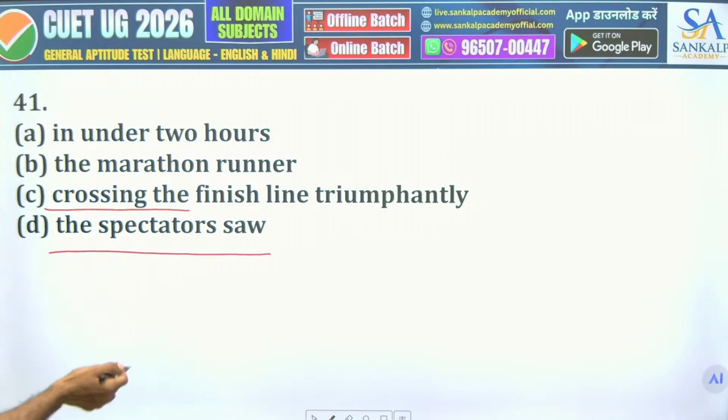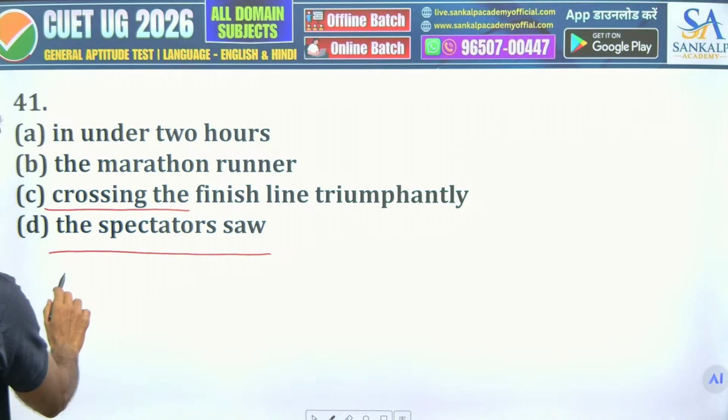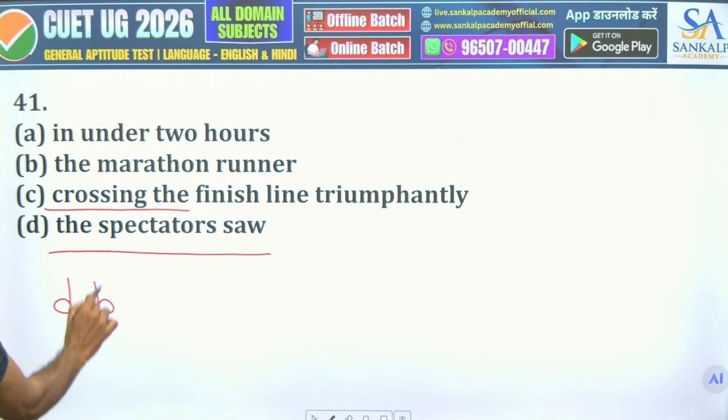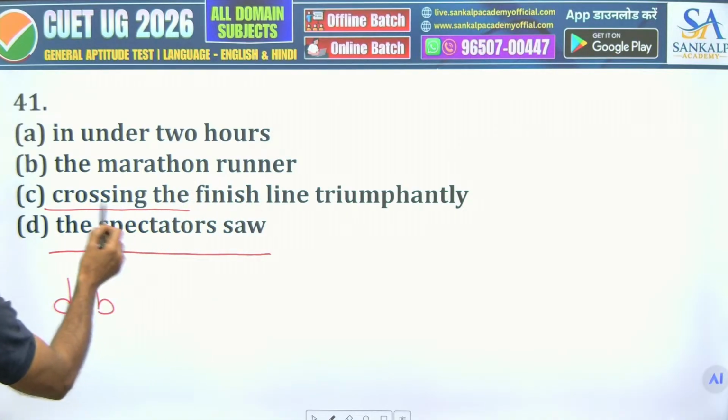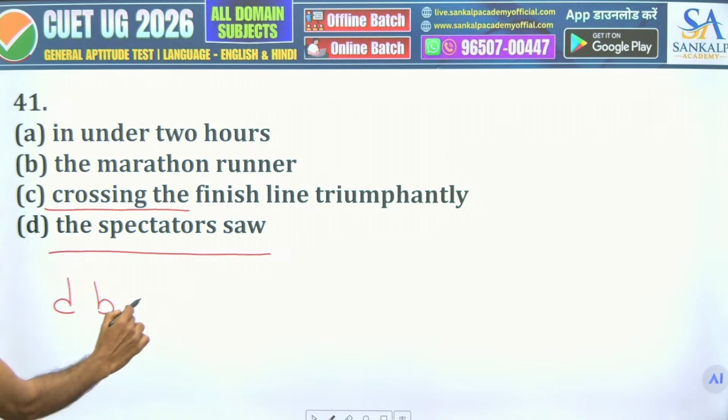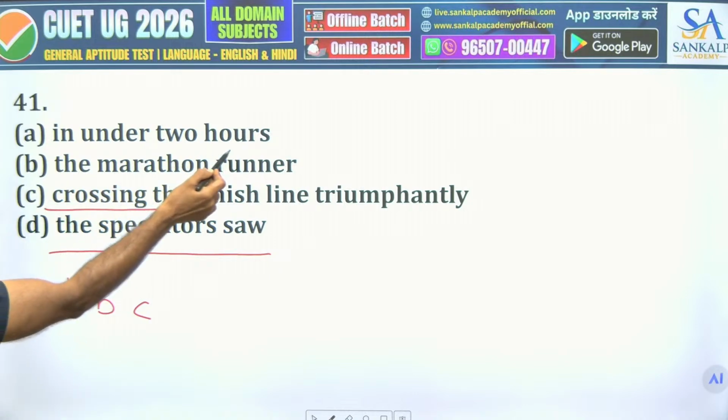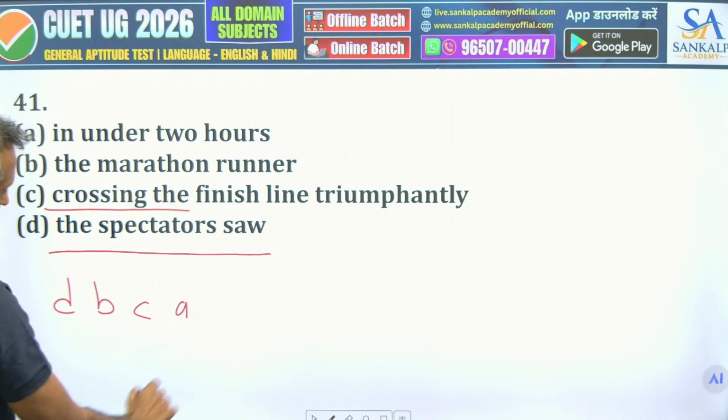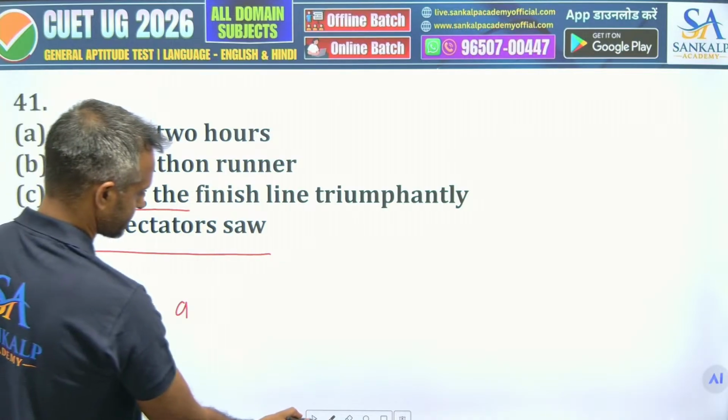So think of this, the spectators saw the marathon runner crossing the finish line triumphantly in under 2 hours. So it is D, B, marathon runner crossing. So you see this connection from B to C, and then in under 2 hours. The time can go here at the end in this sentence. All right, let's move to next.